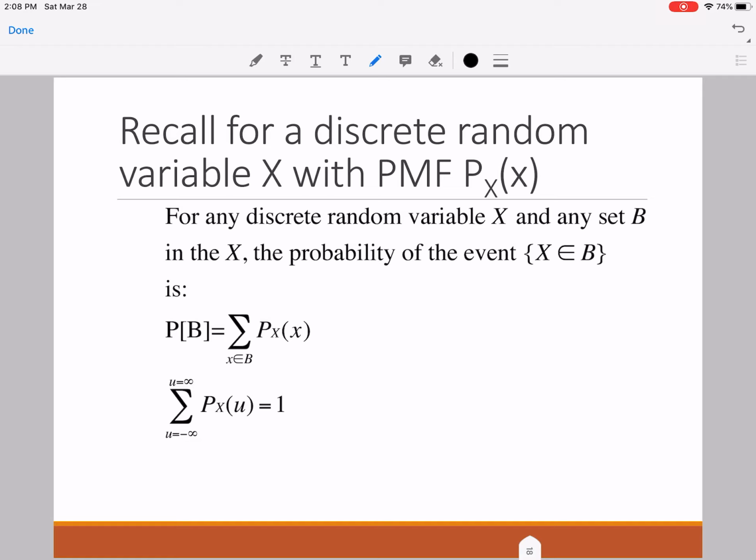For example, in the case of a single probability mass function for a single random variable, I was interested in finding the probability that x belongs to a particular set B. And I would find that by adding the PMF values for those values of x that belong to B. I can extend this to joint random variables as well.